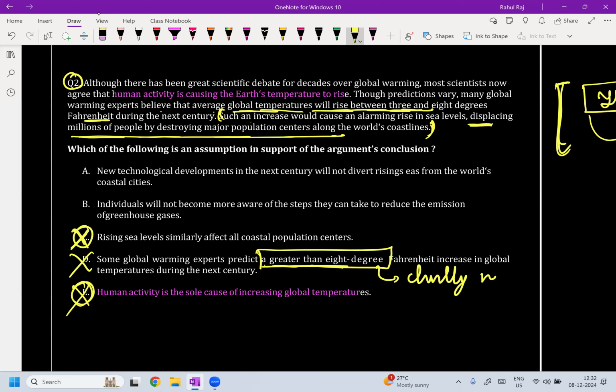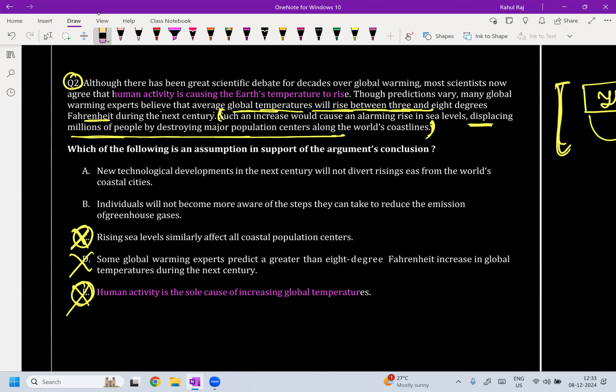Now, imagine that you were not able to come up with the answer and not able to eliminate it this way, which you will be able to eliminate in some time. Then my job is what? To simply negate it and see if it is weakening my conclusion. If I negate it, some global warming experts do not predict greater than 8 degrees Fahrenheit. How does it matter whether they predict greater than 8 degrees or not? The argument says if the temperature rises between 3 to 8 degrees Fahrenheit, such an increase would cause an alarming rise in sea level.